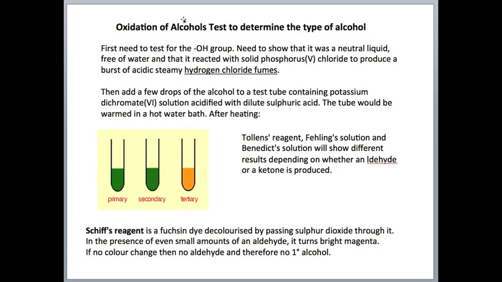So how can we use oxidation of alcohols to test what type of alcohol we have? First of all, we need to test for the OH group. We need to show that we have a neutral liquid, free of water, that reacts with solid phosphorus chloride to produce a burst of acidic steam, which is hydrogen chloride fumes.